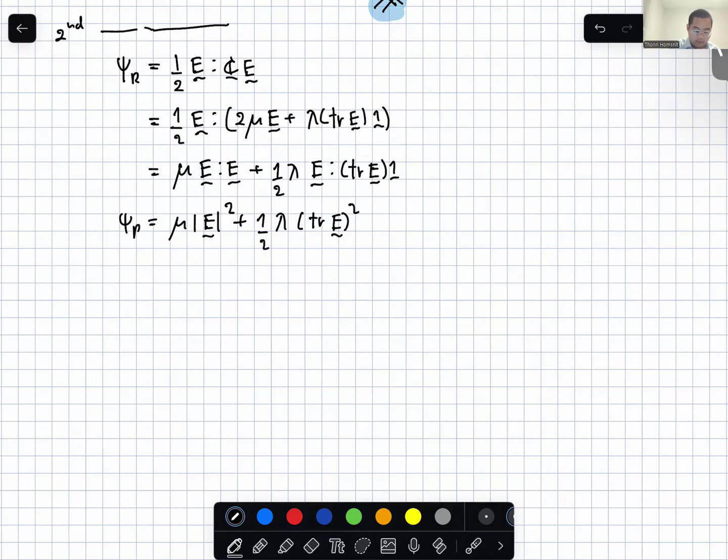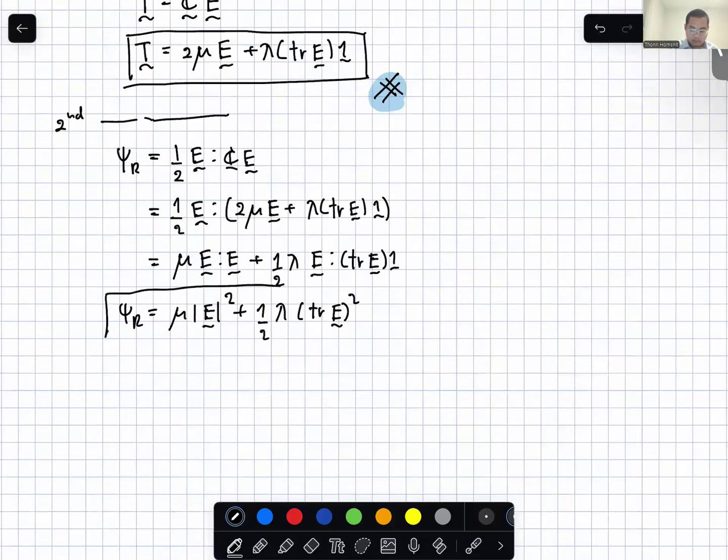So now we have the second governing equation like this.